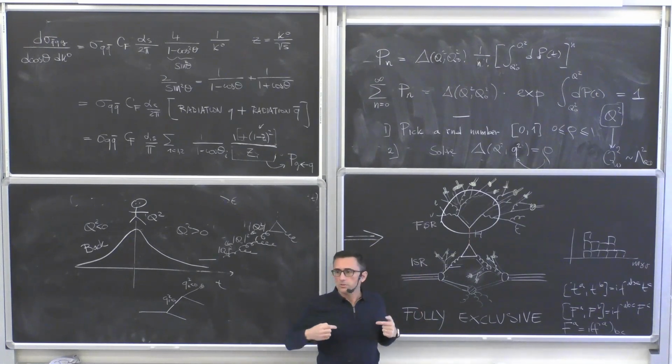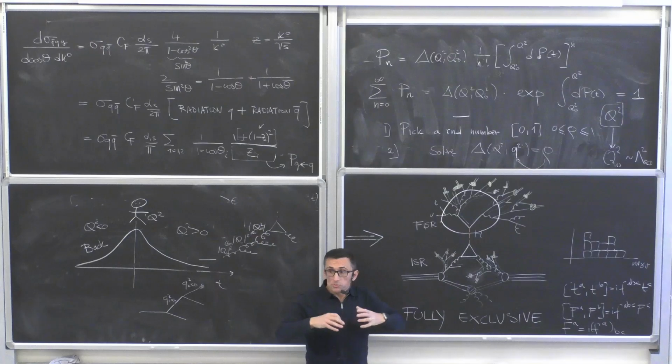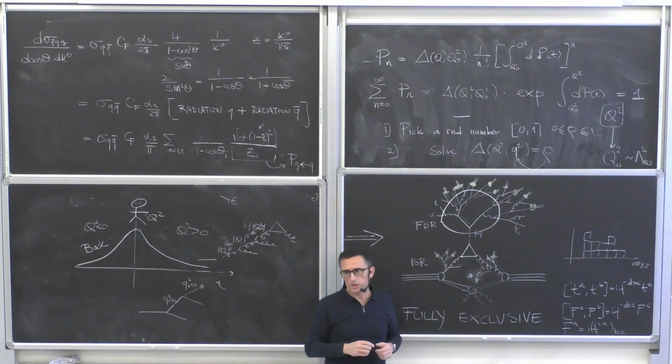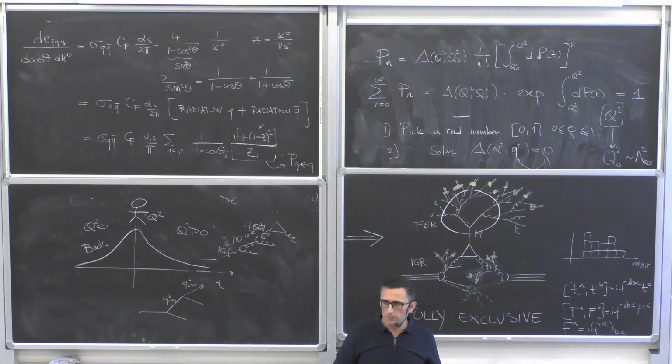Kinematically, they are all off shell. But when I computed the probability, I used only on-shell amplitudes or on-shell splittings. Then I correct the kinematics. So I'm using the probabilities from on-shell, but the kinematics is correct in keeping off-shell quantities.